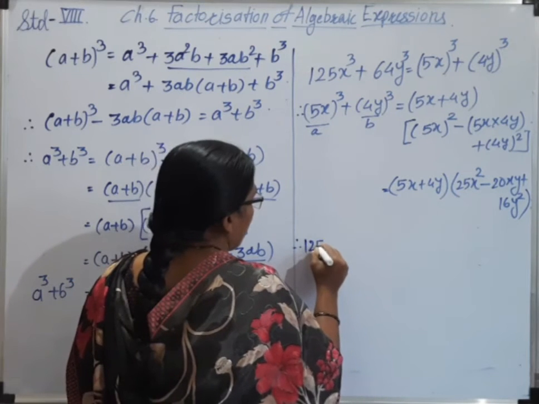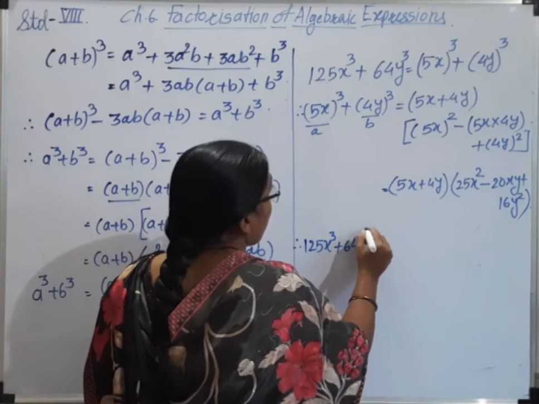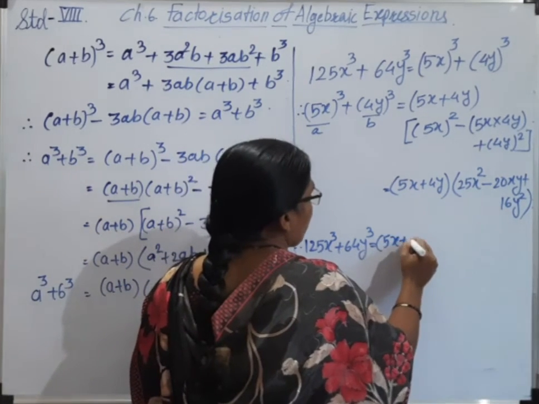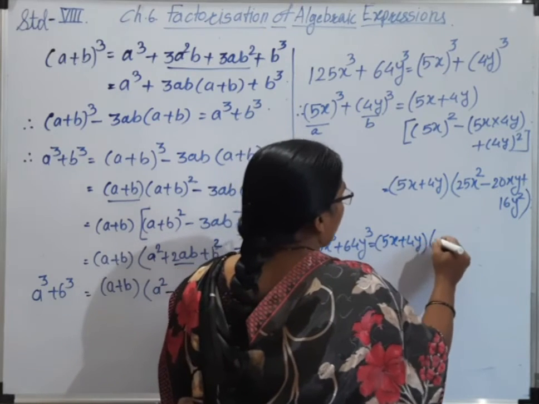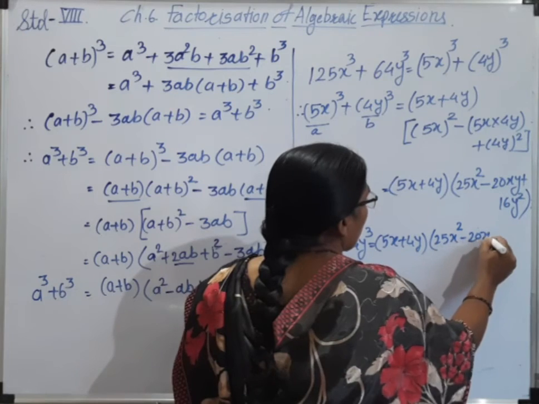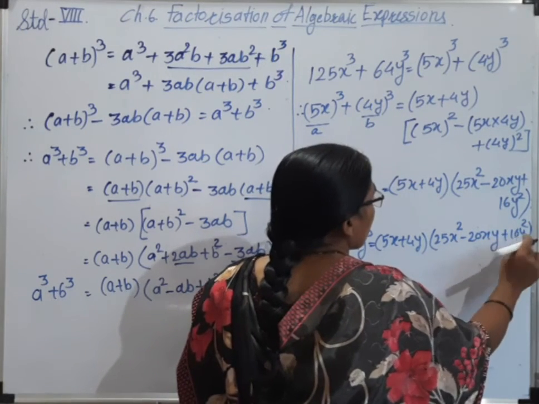125x cube plus 64y cube is equal to (5x plus 4y) into the bracket (25x square minus 20xy plus 16y square).